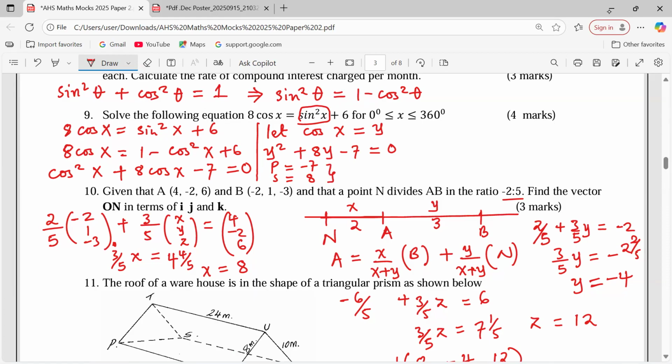I don't know whether we have factors which multiply to get negative 7 and add to give positive 8, because 7 itself is a prime number. It's just 7 and 1. So now that we don't have such factors, we can apply a different formula.